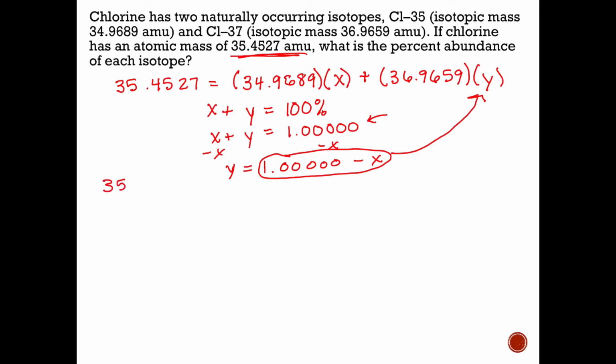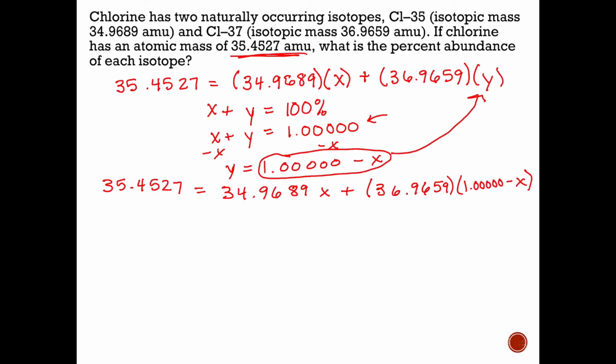So we can write 35.4527 equals 34.9689x plus 36.9659 times (1.00000 minus x). Okay, and I can distribute this in now.